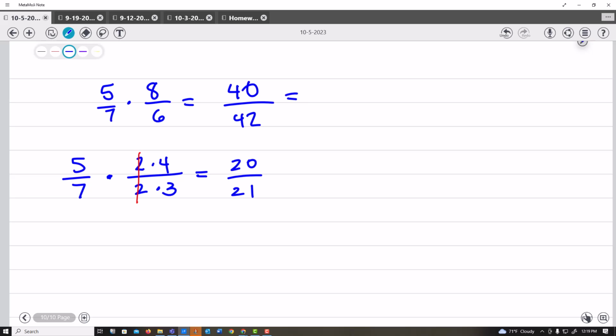I could have done the same thing up here: 40 is the same thing as 2 times 20, and 42 is the same thing as 2 times 21, and I would have canceled. It's just that doing it this way makes it so you're not having to multiply such big values.